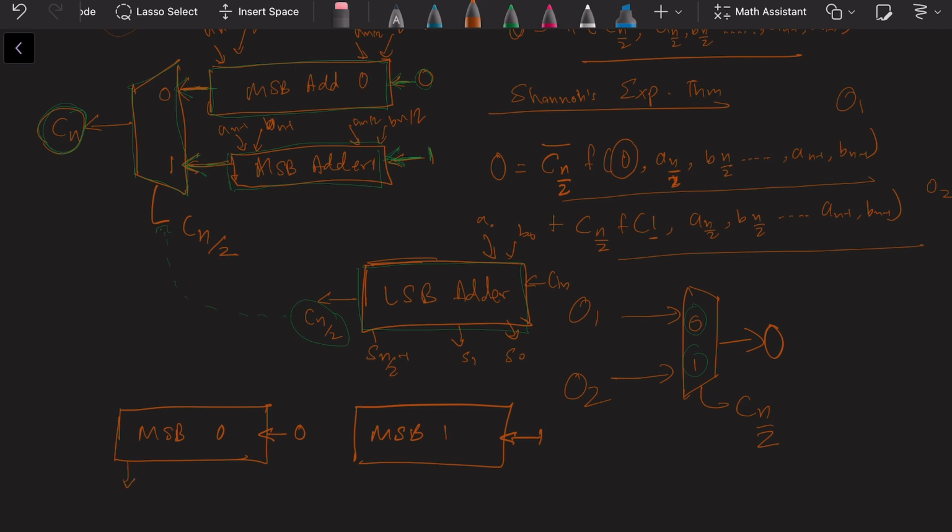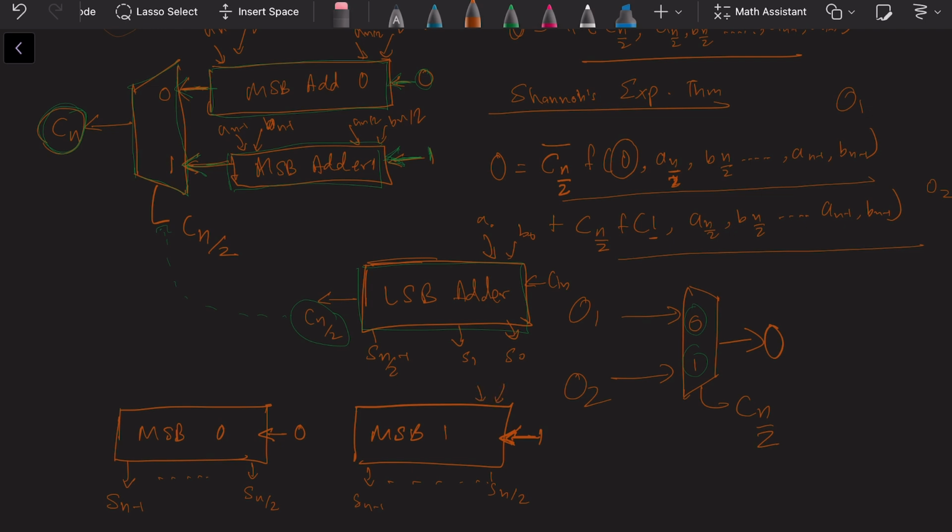They are computing Sn minus 1 and Sn by 2. They're both computing Sn minus 1 to Sn by 2, but it's just that they are assuming different values of carry-ins.